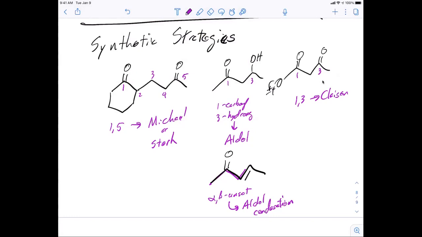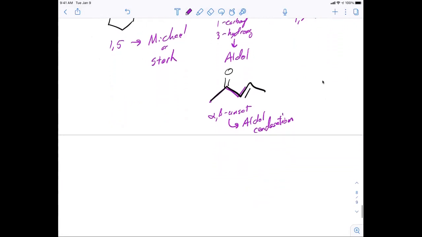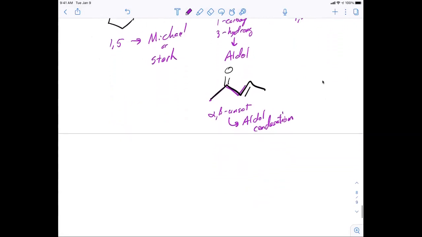And then the alpha beta unsaturated is the aldol condensation. So these are some structural aspects to look for when you're looking for synthetic strategies. And we'll do some practice in a second on these.